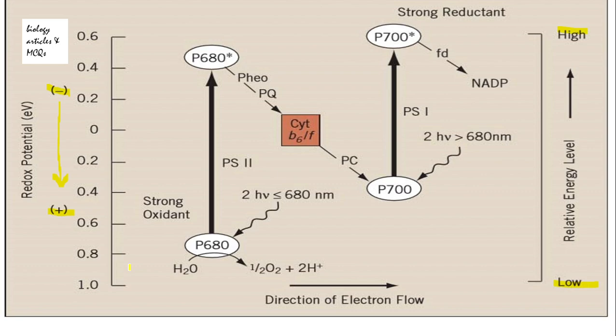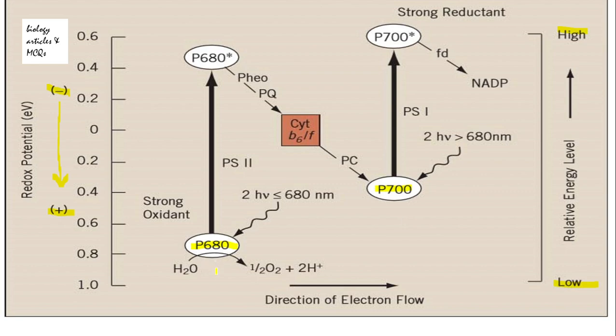So let's start this scheme. First of all, you can see P680 written. Guys, this is photosystem 2, and P700 is photosystem 1. Both of these photosystems contain chlorophyll molecules, and they are named photosystem 2 and photosystem 1 on the basis of their discovery.